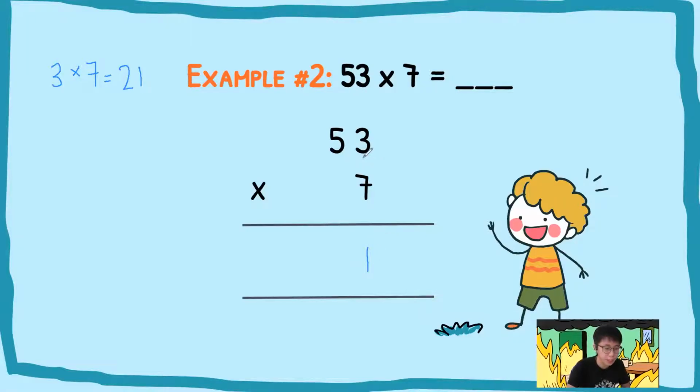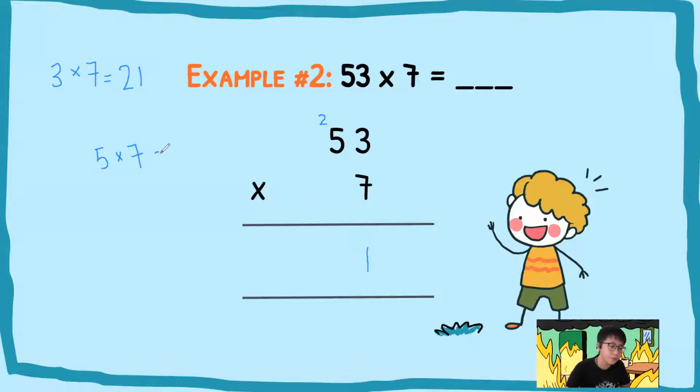Okay. Remember what I mentioned about keeping the numbers in a straight column. But the number 2, we do not write it here. We write it on the top left of 5. This is what we call carry over. Okay. The 2 is carried over to the 5. Next, we will have 5 times 7.